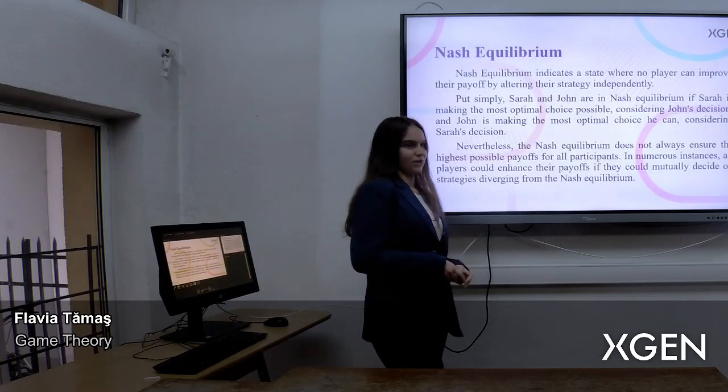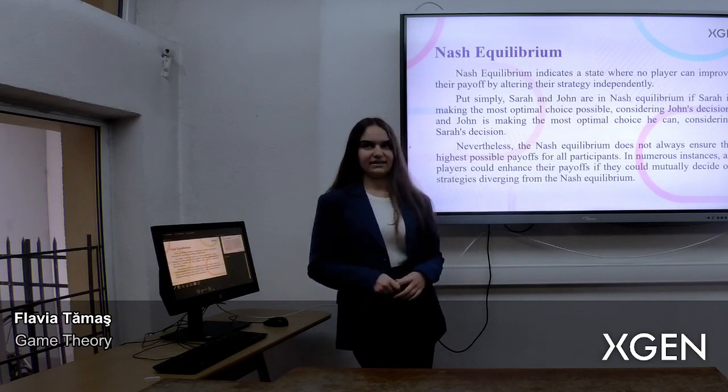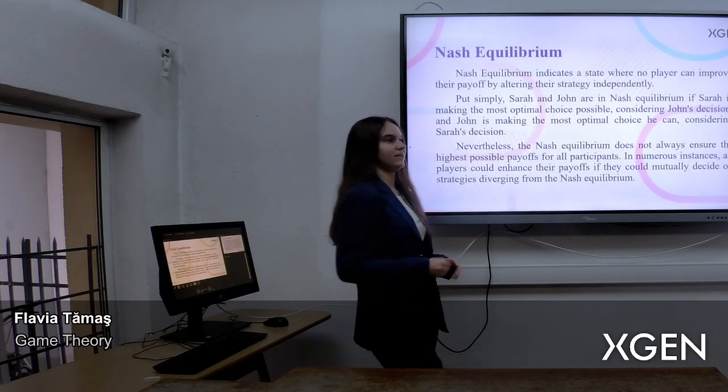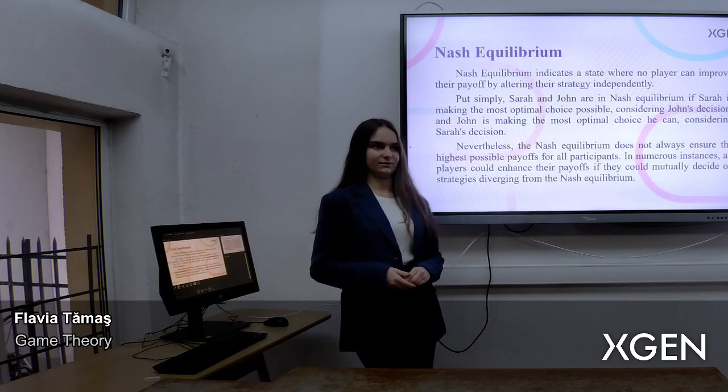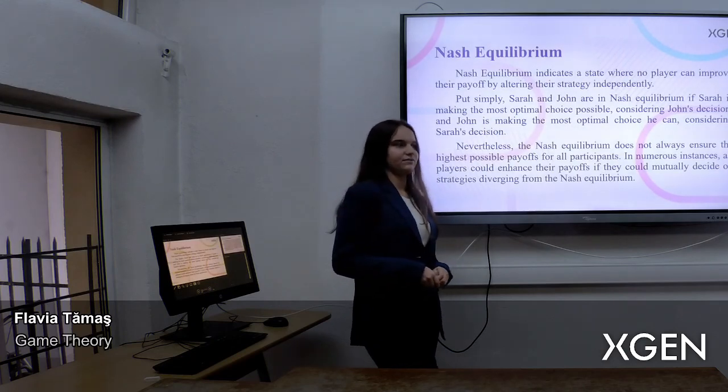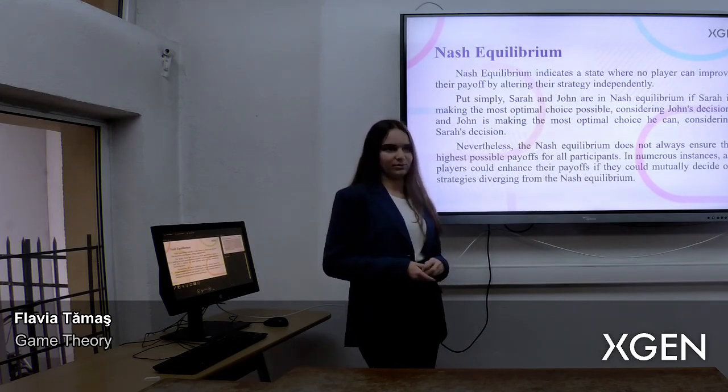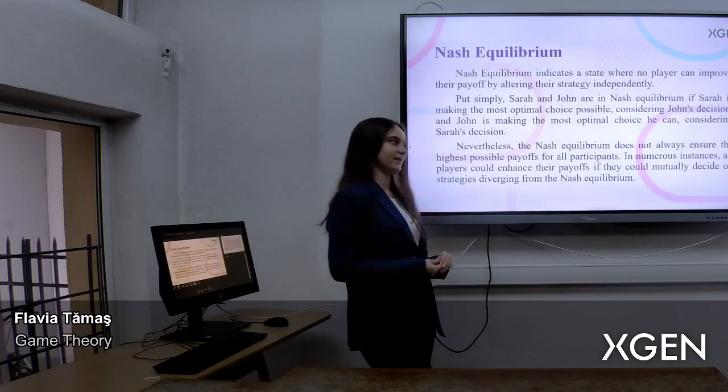We will see in problems that it will not always give us the best possible outcomes, because, for example, if the players could cooperate, they would get a better payoff.